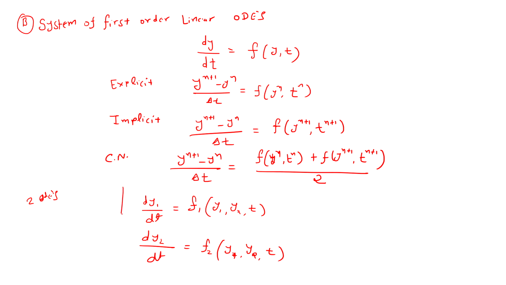So in this case, we are trying to find out the solution of system of ODEs. Here we are taking two ODEs. We can generalize this formulation, but we are not going to talk about that. Here we will only talk about solution of system of two ODEs.